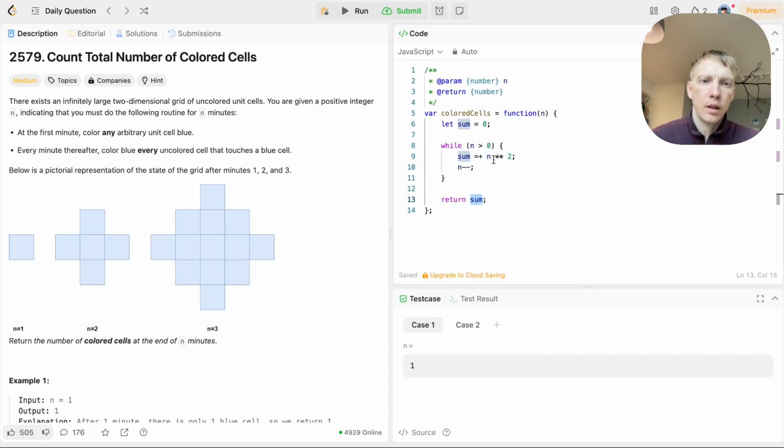If 3, then 9 plus 4 plus 1, which is 14. Oh, I calculated 13. 5 plus 8, 13, yes. We will have 13. Let's just try.